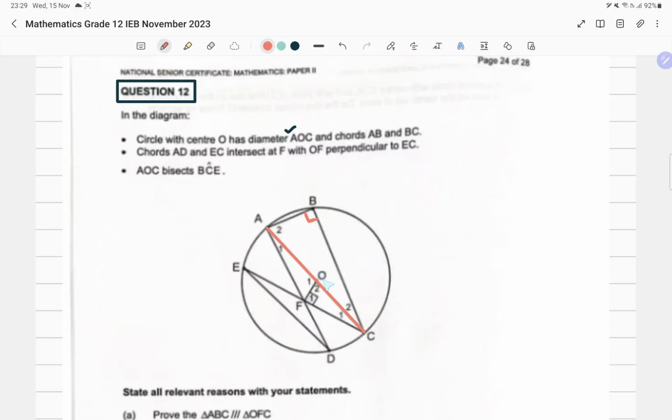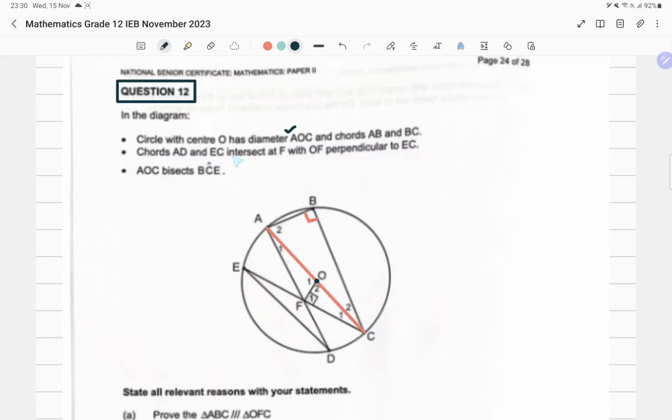That's the angle in the semicircle. Okay, great. It's a very important corollary here. Then of course we are told that O is the center. Okay, now we are told here, and chords AB and BC. Okay, AB and BC. Okay, fine.